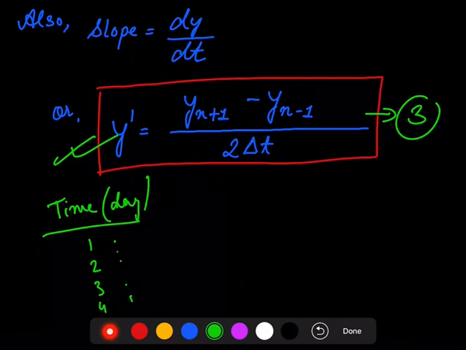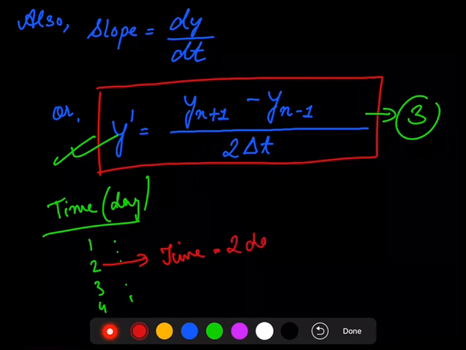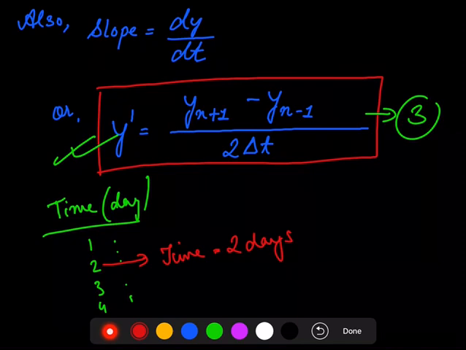Let's take an example. I'm solving for time t equals to 2 days. So I'm solving for a data point at which the time equals to 2 days.